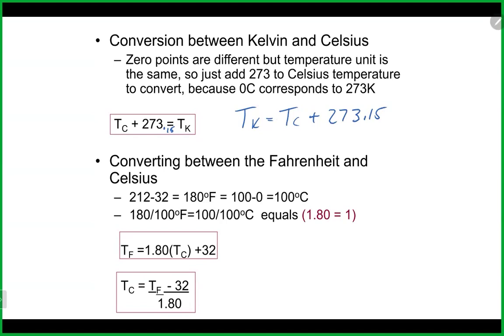So 273.15 is the real number. Some teachers will want you to use 273.2, which is what it is in a lot of the lab experiments. So you'll see 273.2 or 273.15. The true number is 273.15, so we'll roll with that, even though it's going to get rounded off anyways.